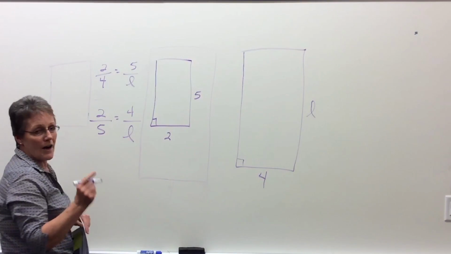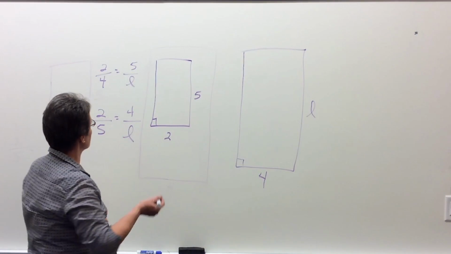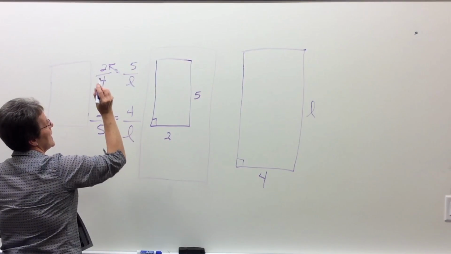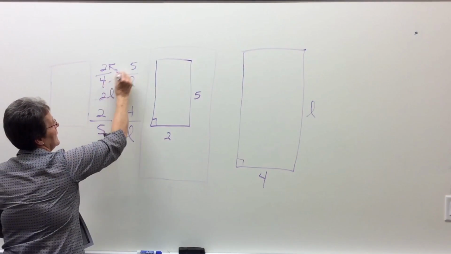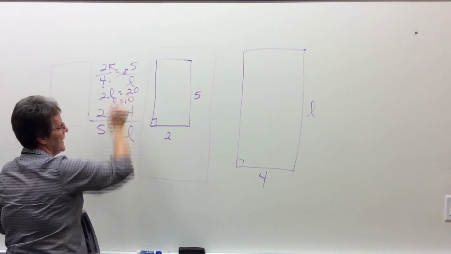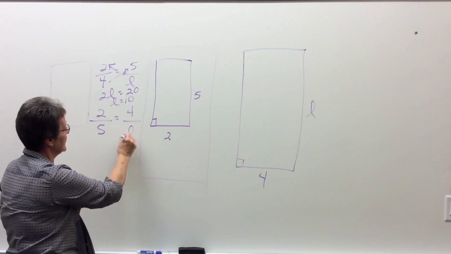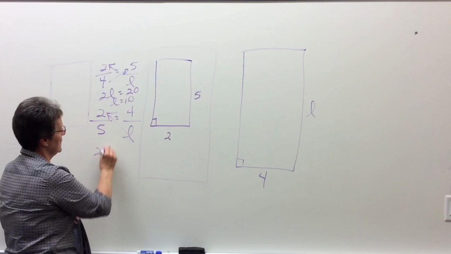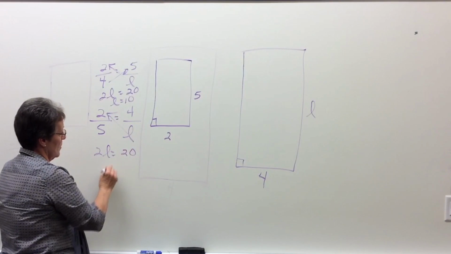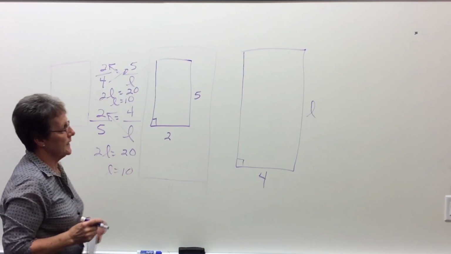If we do our cross products and solve a proportion, we should see we're going to get the very same answer. So 2 times L is 2L, 4 times 5 is 20, making L 10. This gives us the exact same cross products. 2 times L equals 5 times 4, or L equals 10.